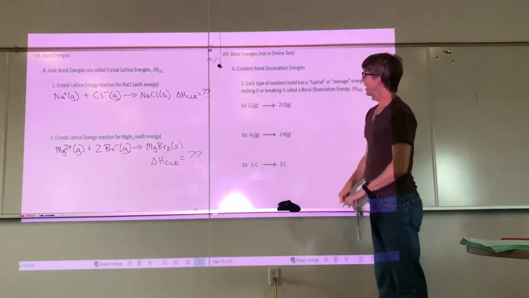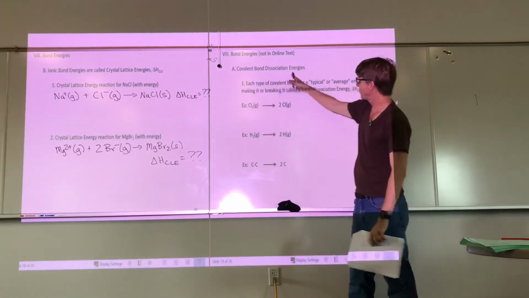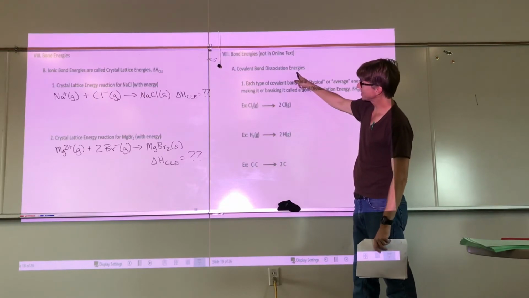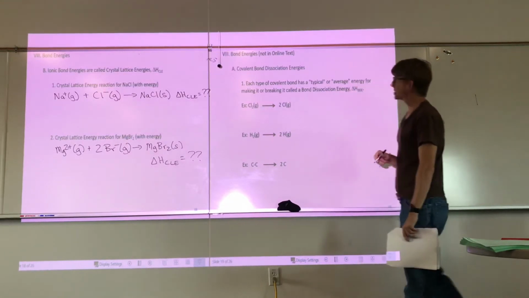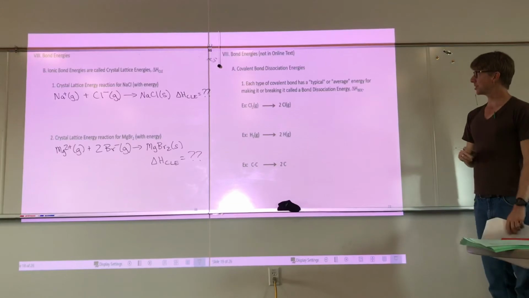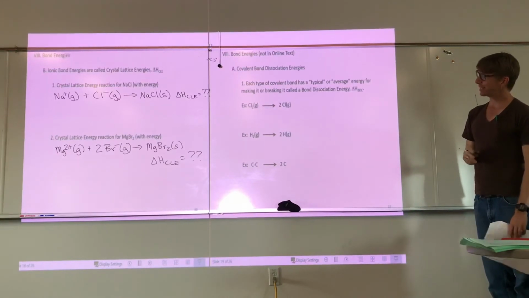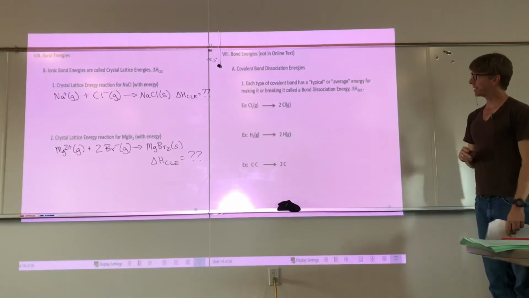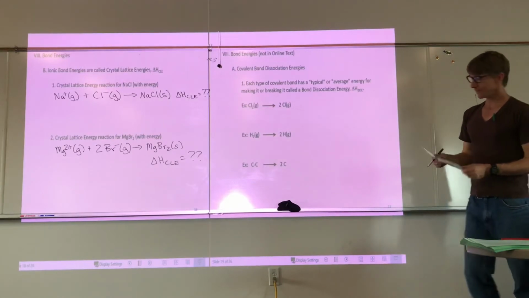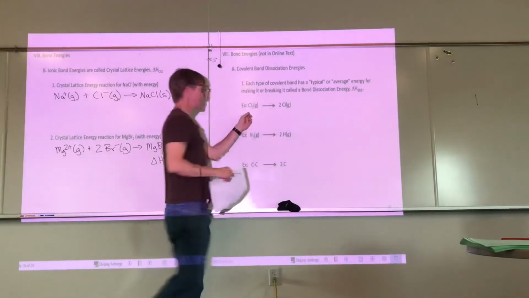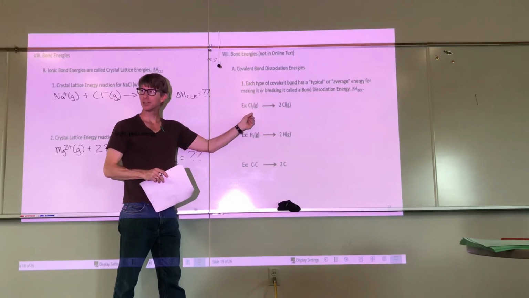Now let's talk about bond energies for covalent bonds, bond dissociation energies. Each type of covalent bond has a typical or average energy for making it or breaking it, called a bond dissociation energy. This molecule, you could draw its Lewis structure.